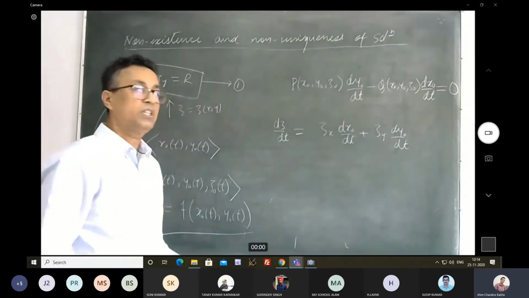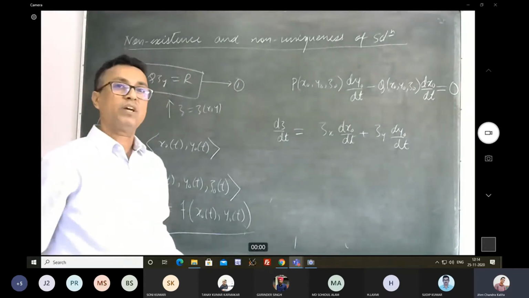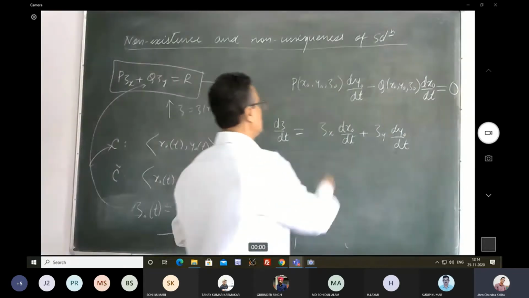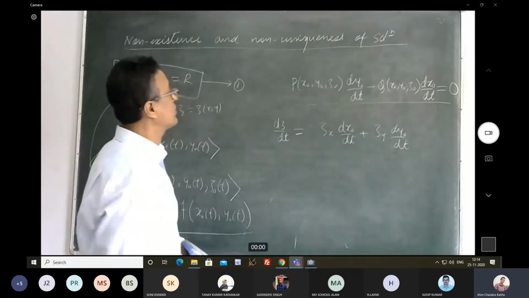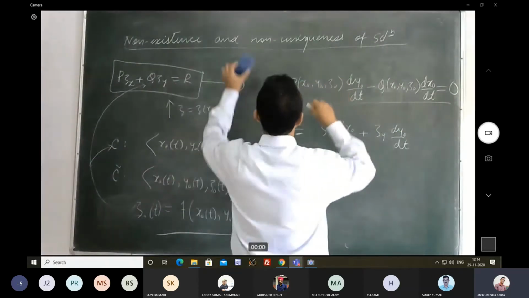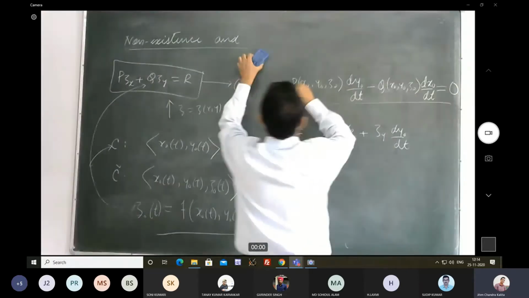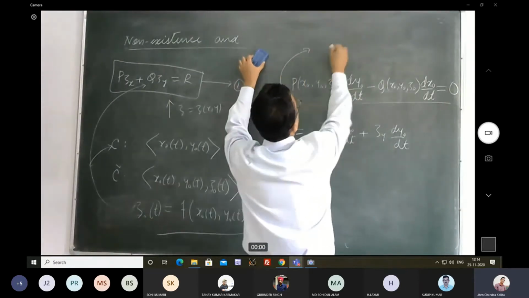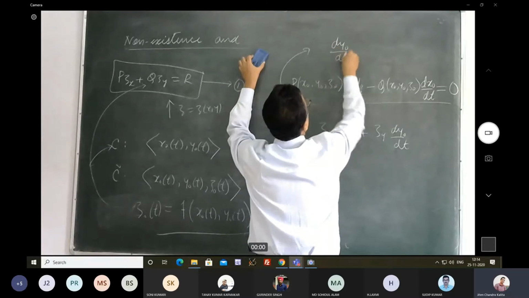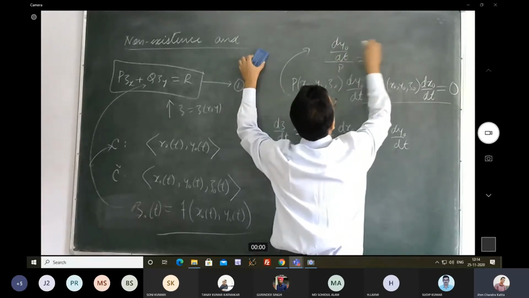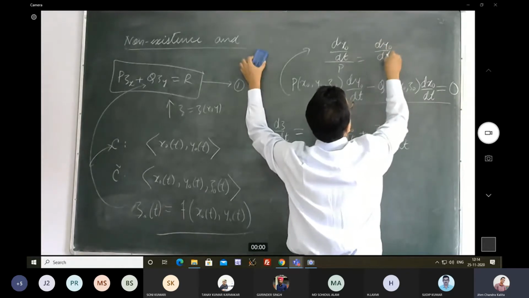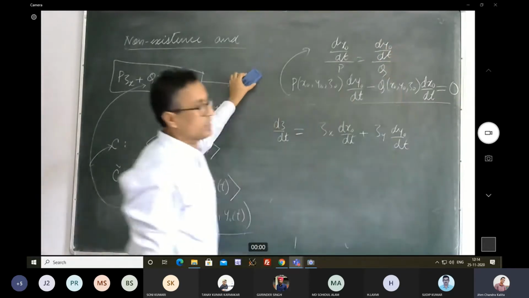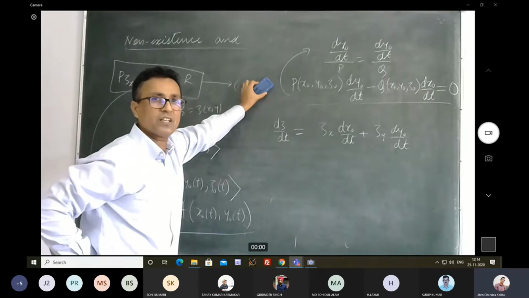At the point t equal to t naught, or at the point x naught y naught z naught. So then, what is going to happen under this condition? Because if you look at this condition, then you can see that this is simply dx naught dt by P. It is going to give you this, isn't it? Is it okay?